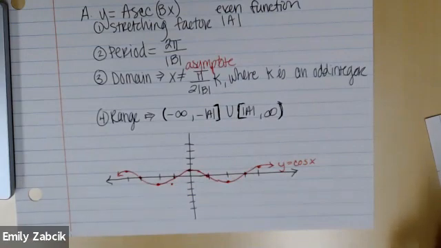What's going to happen is I am looking at secant being its reciprocal, and so I am going to be creating some asymptotes along the way.